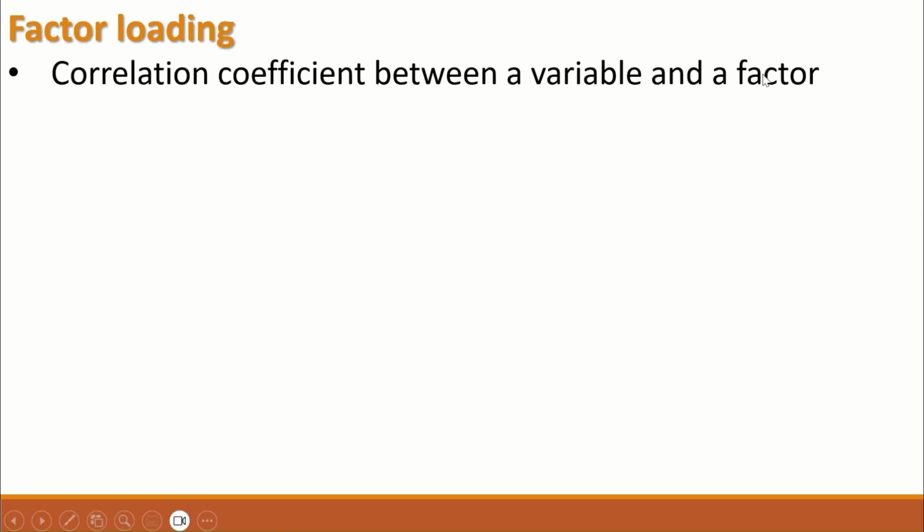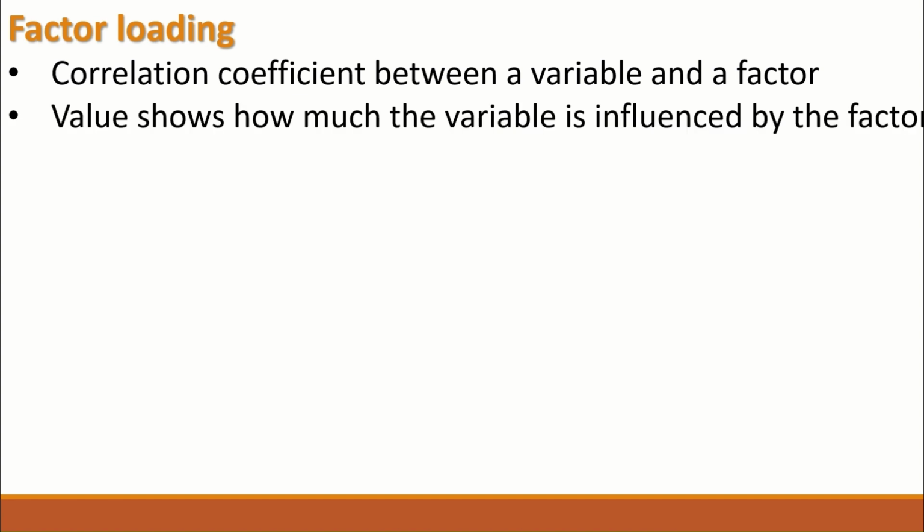There is another value that needs to be examined, which is called the factor loading score or value. Factor loading is a correlation between an item and a factor. So it is a correlation coefficient between a variable and a factor. So a score will be given, and it's called factor loading.